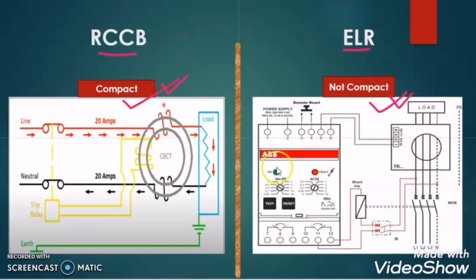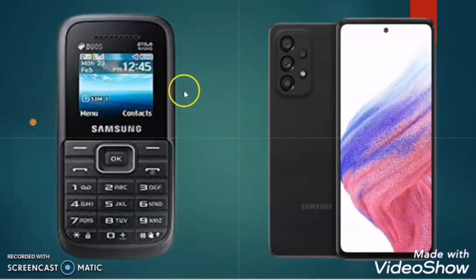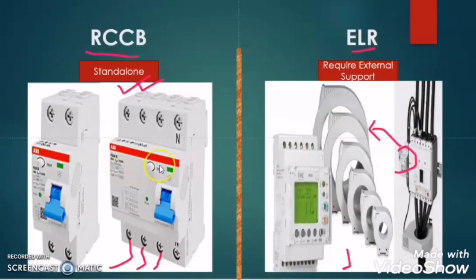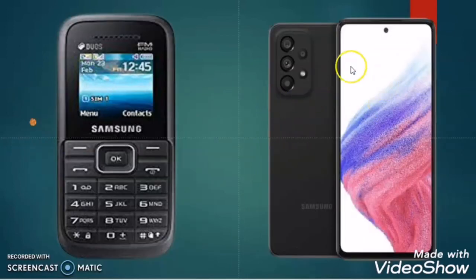So the operation is also the same and the function is also the same, even though there are many differences between the RCCB and ELR. As in the beginning of the video, I told you that the RCCB is like an old phone, but the ELR is like a new phone which has many features. If anyone asks you what is the function of this phone and this phone, you can say that the function of this phone is to make calls, and the function of this phone is also to make calls.